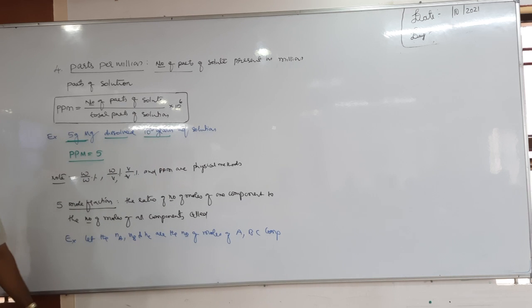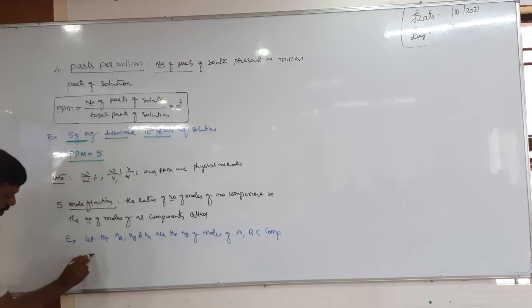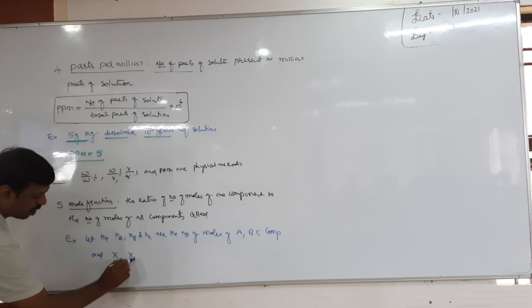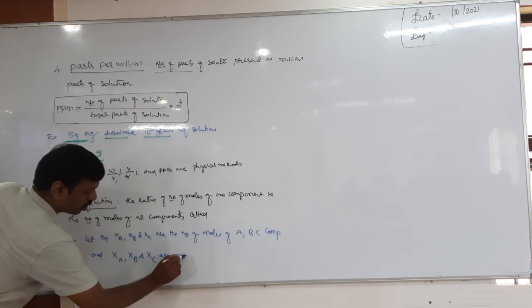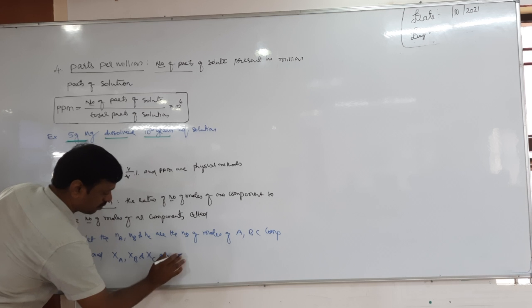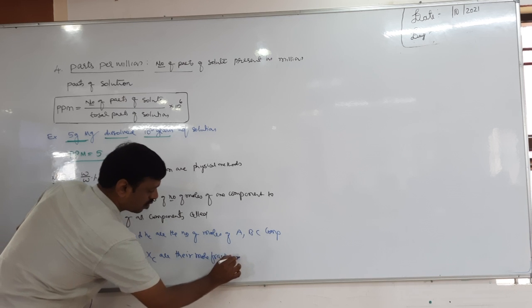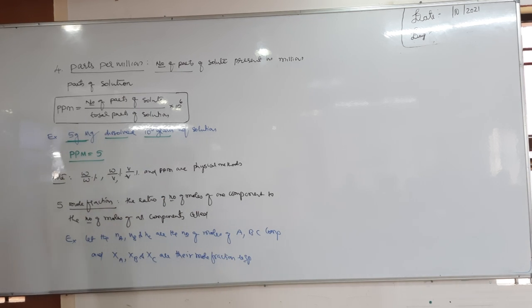There are 3 components A, B, C. Their numbers of moles are Na, Nb, Nc, and Xa, Xb and Xc are what? Their mole fractions respectively. Okay, then what is the mole fraction of A, B, C component?